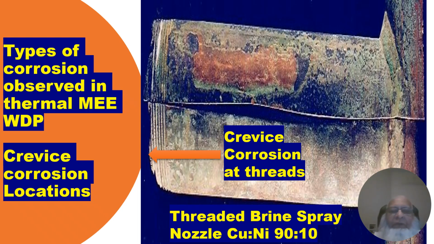The crevice corrosion was observed at the threads of the brine spray nozzle system. The brine spray nozzle system was made from copper nickel 90/10 and was modified to a threaded system for easy replacement.